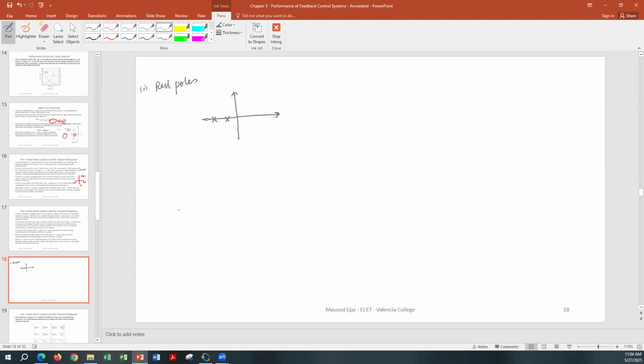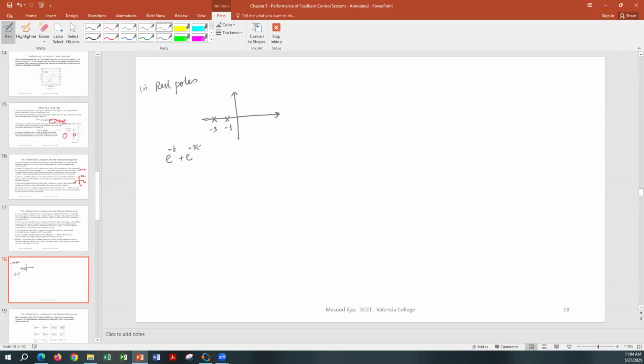Exponential transient response, e to the power negative alpha, right? So if you have, let's say, -1 and -3, then your exponential response corresponding to this is going to be simply e to the power -t plus e to the power -3t.